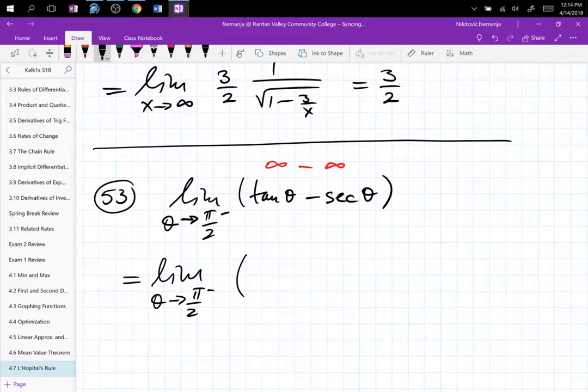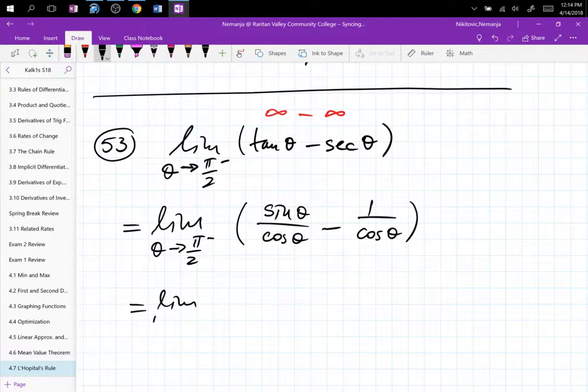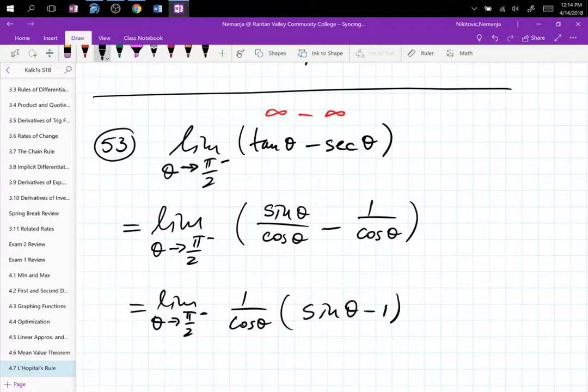I'll write it so you can see it: sine theta over cosine theta minus 1 over cosine theta. And this is where your factoring comes in. So limit as theta goes to pi over 2 from the left, and you factor out 1 over cosine theta, and you are left with sine theta minus 1.